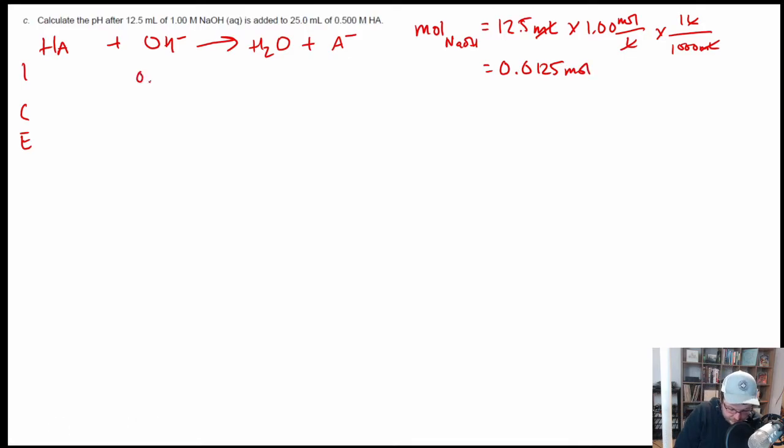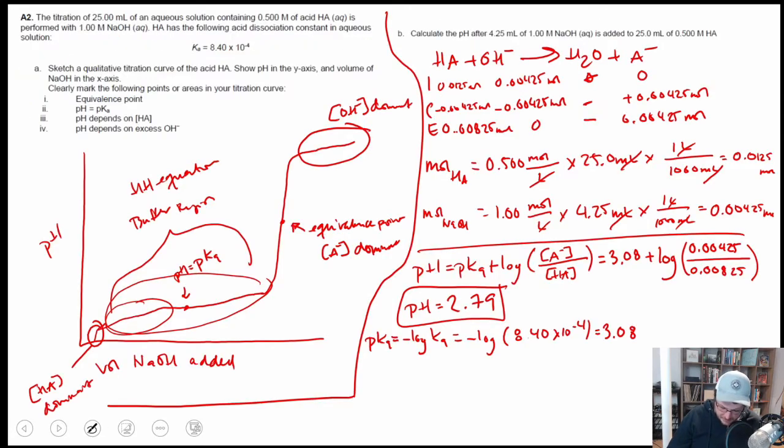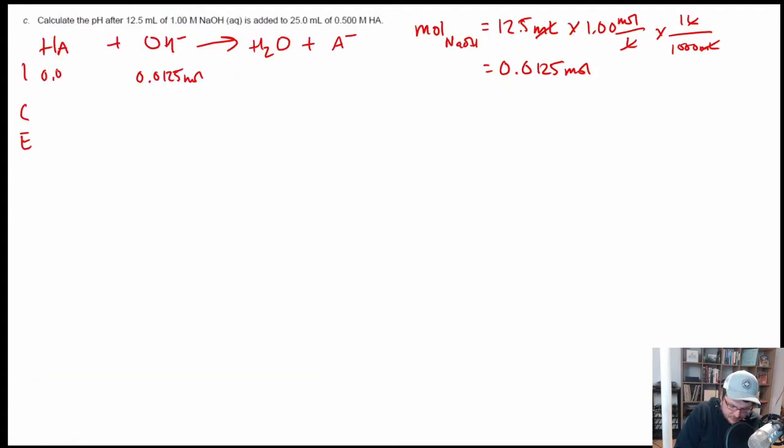So we have 0.0125 moles in this case. And we can go back and look at part B again: we started off with 0.0125 moles of HA as well. And we have 0 of A minus. We don't care about the water.